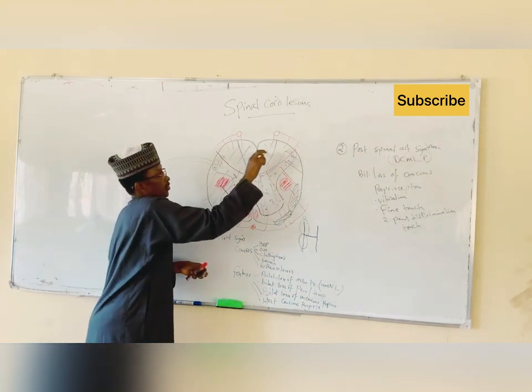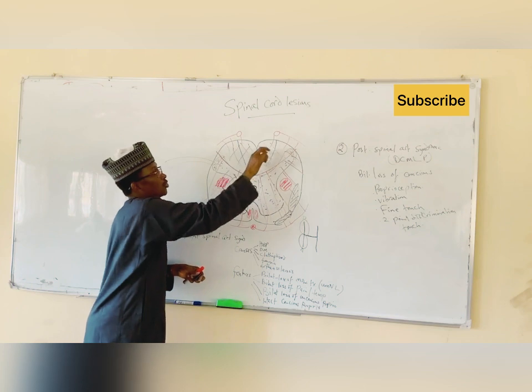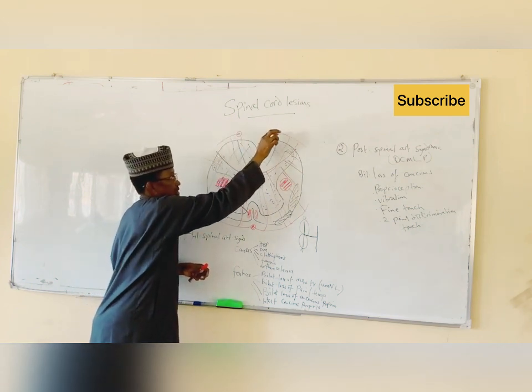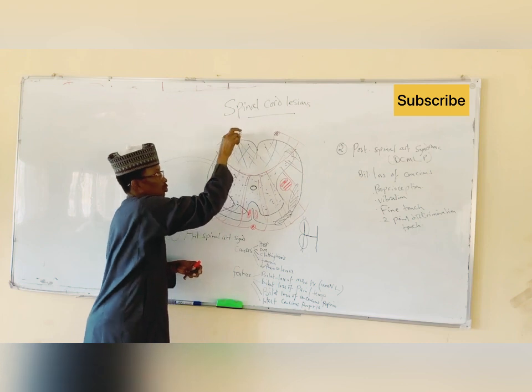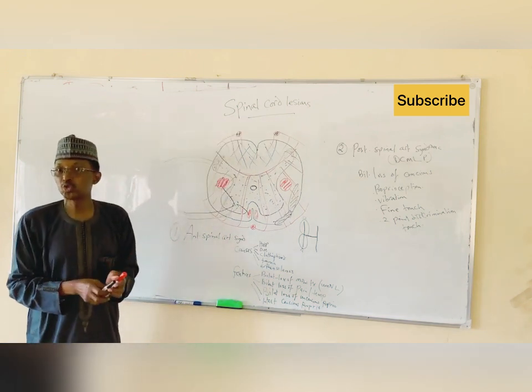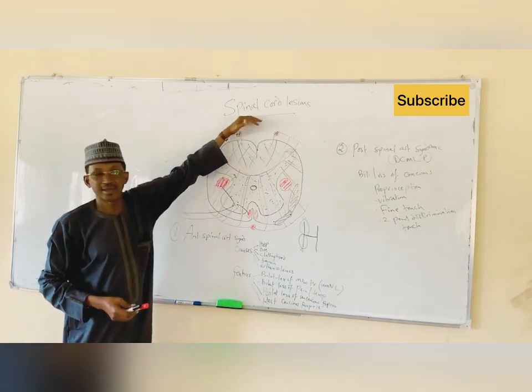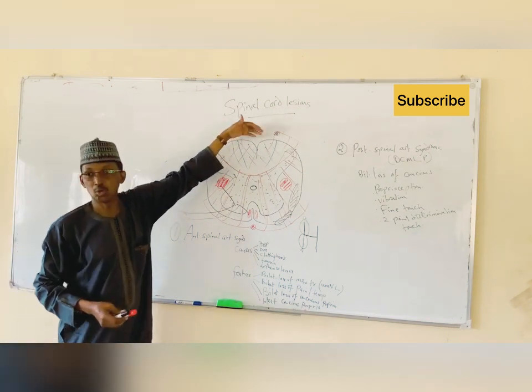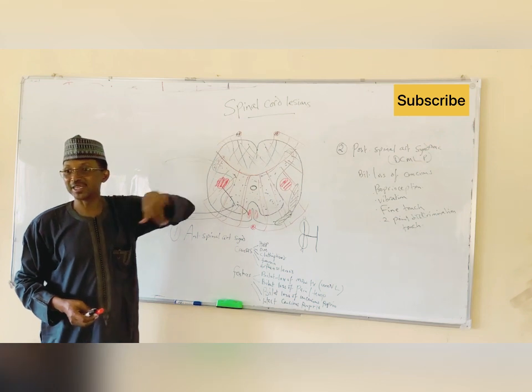So with regard to the posterior column syndrome, these posterior spinal arteries are going to be blocked. What will block these two arteries together? Tumor. A tumor from the back can compress. Trauma can also affect the two spinal arteries.